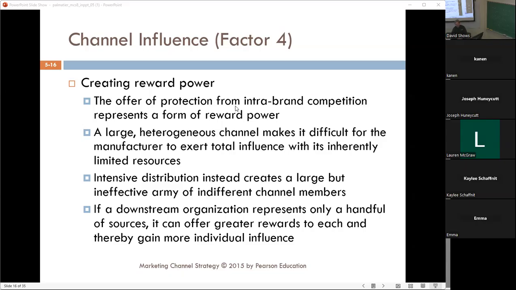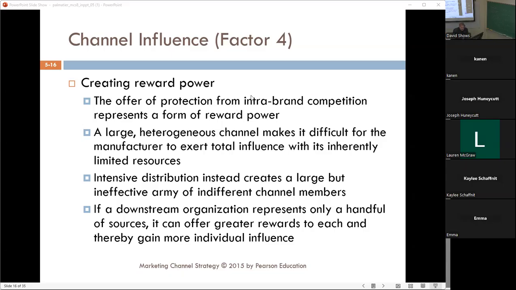You can offer greater rewards, you can have greater influence. And by the way, this also excludes beyond just whether or not they're in a different product category, because certainly the iPhone was a shopping good when it was in the group of smartphones, but because of the way they wanted it treated, it became an exclusive item, just one vendor.